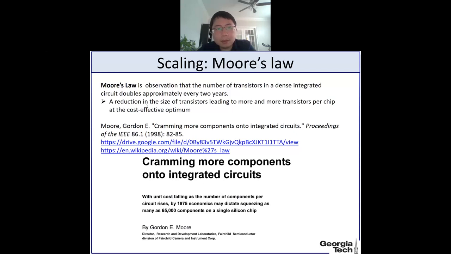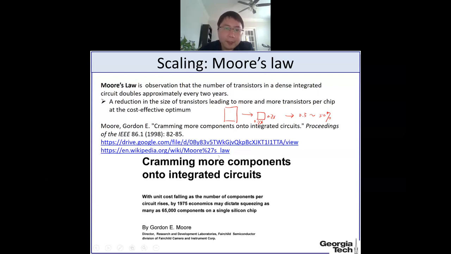So the number of transistors doubles, or in other words, the area per transistor shrinks to 50%, half of the previous generation. That translates to a reduction of the size of the transistor. If you think about the reduction of the area by 50%, that means the size is reduced by 0.7x, because 0.7 times 0.7 will give you 0.5, roughly a 50% reduction of the area from generation to generation.